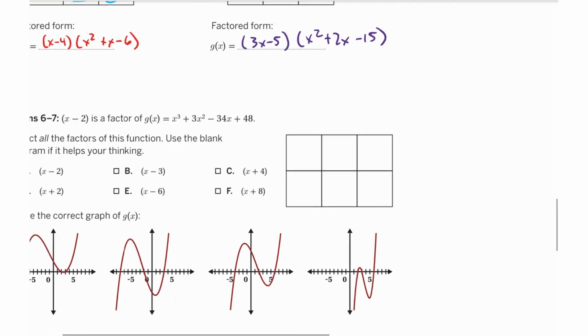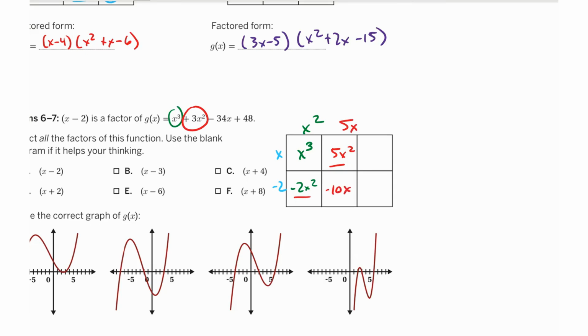And I definitely will. So x minus 2 is going to go on the outside because I know that that's a factor. My first term here is x cubed, which means this has to be x squared, meaning this has to be negative 2x squared. And these two have to add to 3x squared, so that's got to be 5x squared, which means this has to be 5x. 5x times negative 2 is negative 10x.